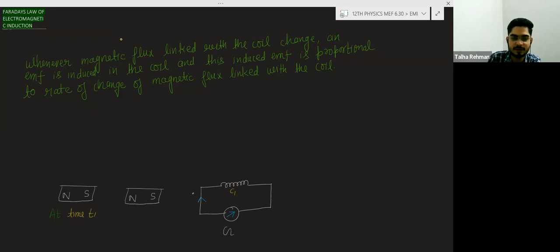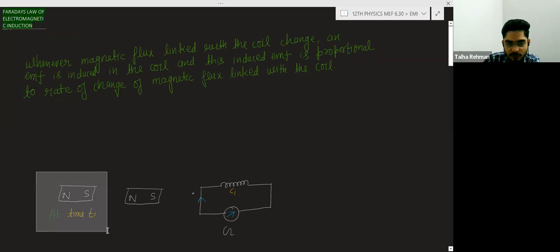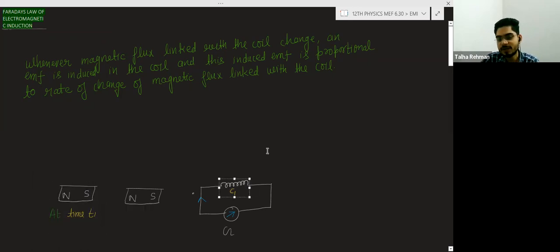If the magnet is here, there will be a magnetic field due to this magnet. So at that time there will be some magnetic flux here. Suppose that flux is phi 1.